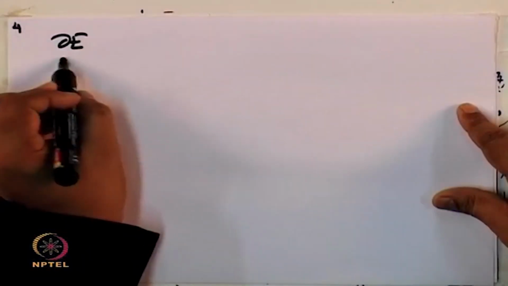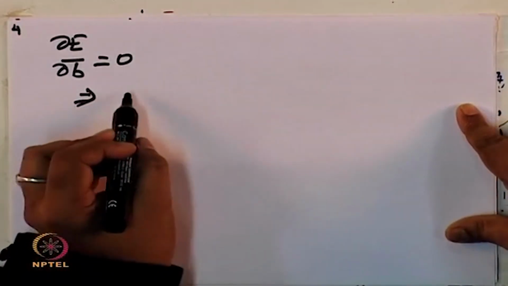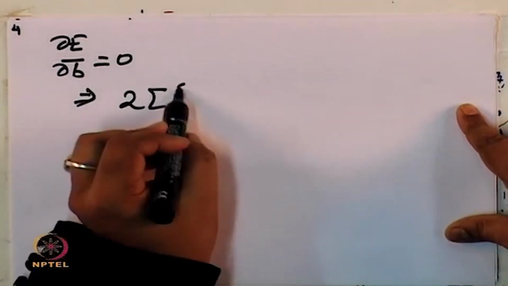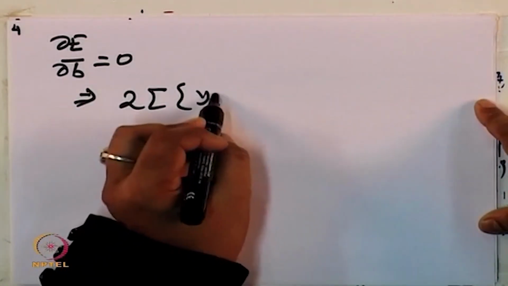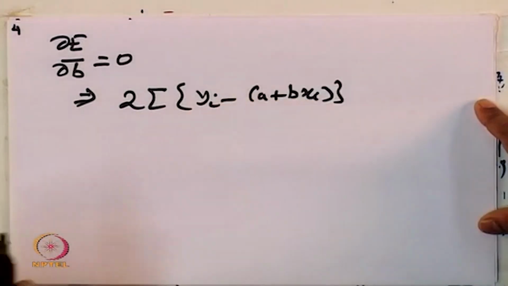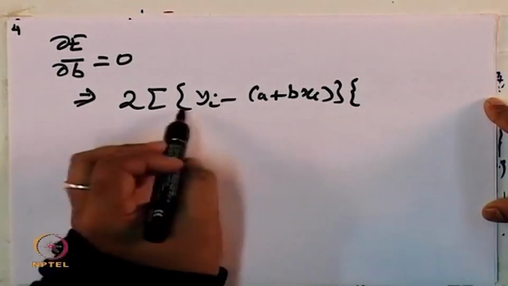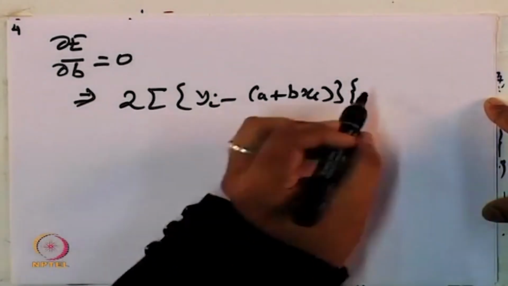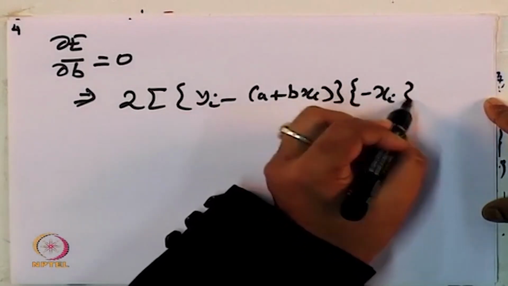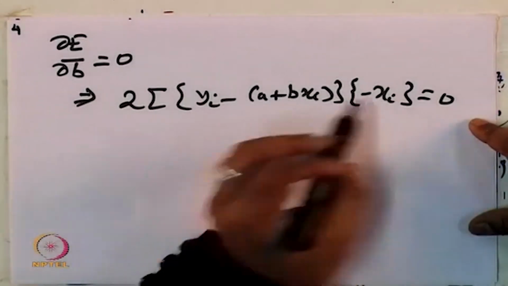So let us do the other expression, del e del b equal to 0 would imply 2 summation, so the first part remains the same. The only thing is now I have to multiply with this, taken a derivative of this with respect to b, which is nothing but minus xi. Okay. So, I can simplify it, I can get rid of 2 and minus.